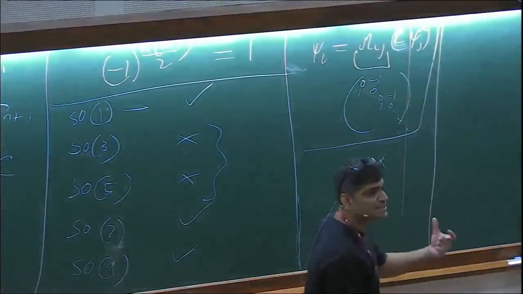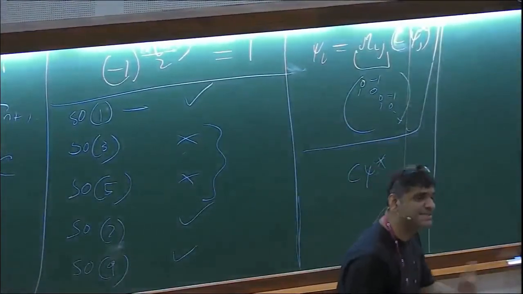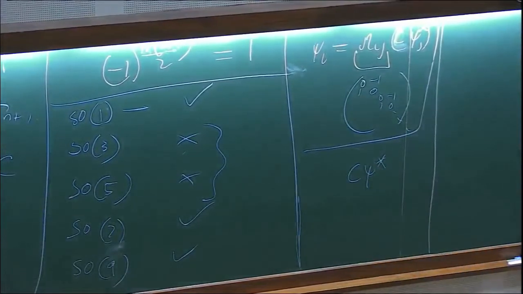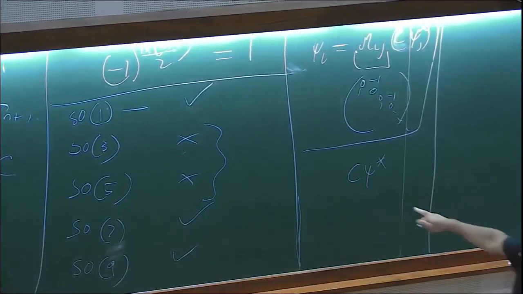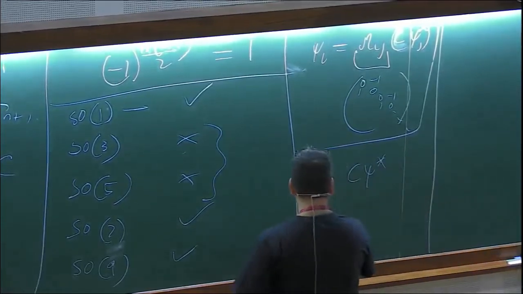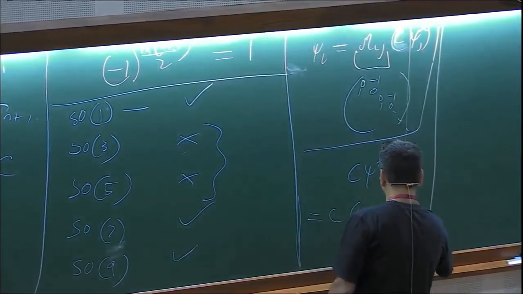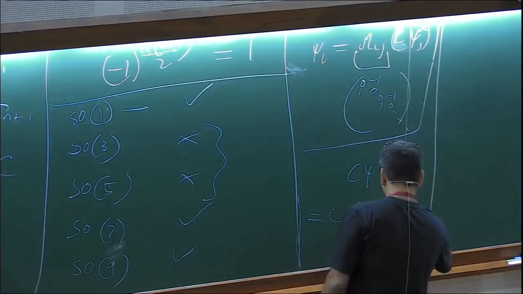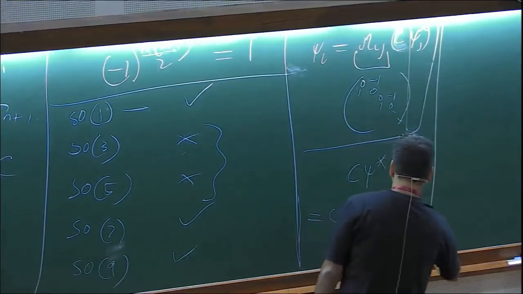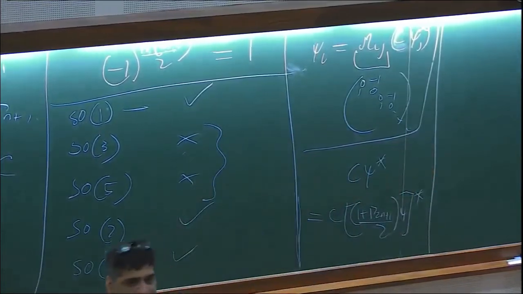Suppose psi was chiral, it means that psi was the same thing as (1 plus gamma_{2n+1})/2 times chi. So if psi was chiral, C psi star is equal to C into ((1 plus gamma_{2n+1})/2 psi) the whole thing star, from the fact that psi was chiral.